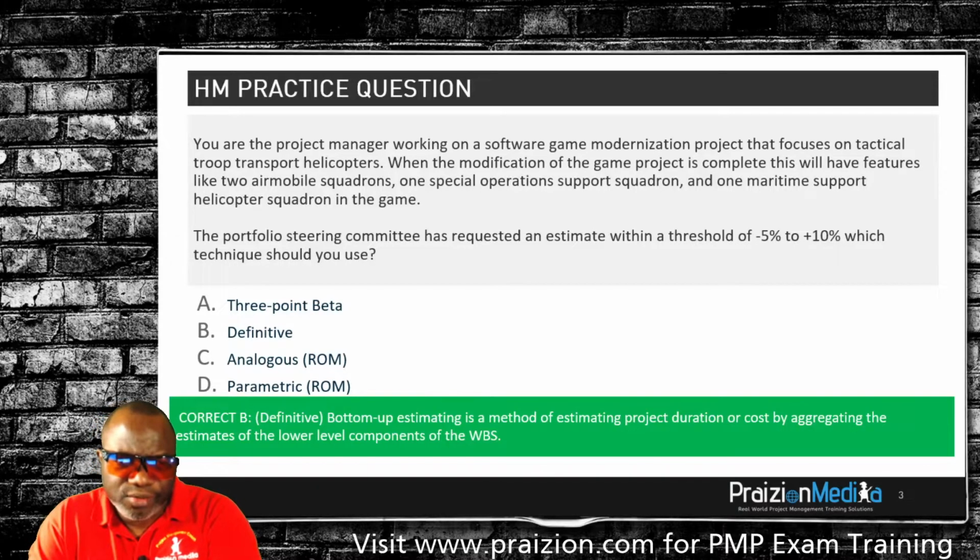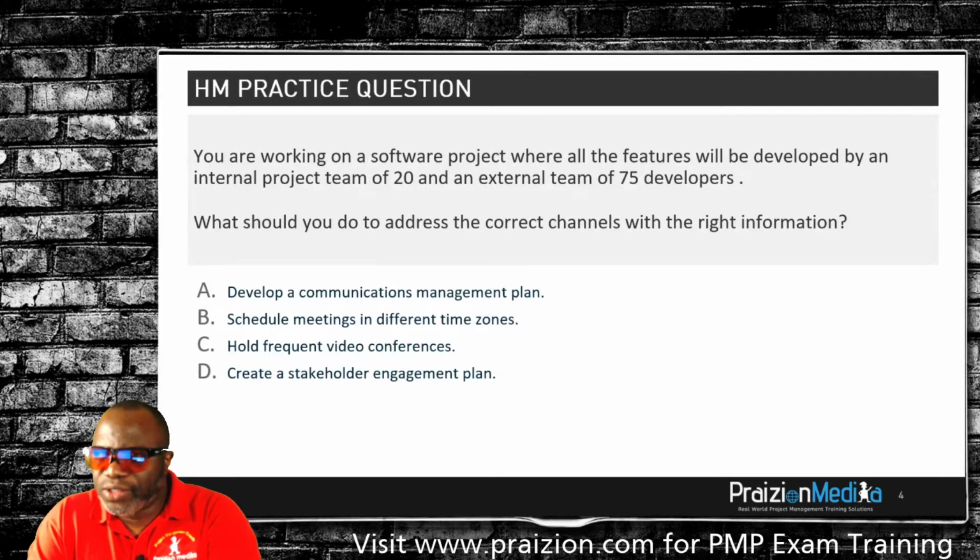Here's another one. You're working on a software project where all features will be developed by an internal project team of 20 and an external team of 75 developers. What should you do to address the correct channels with the right information? So, again, just reading through the options, which of these makes the most sense?